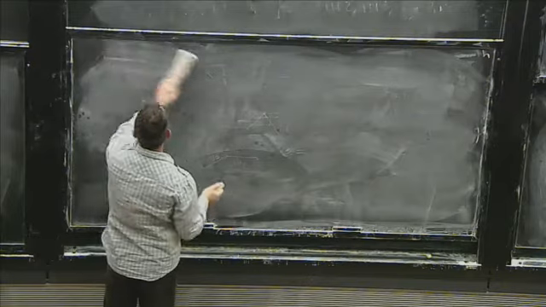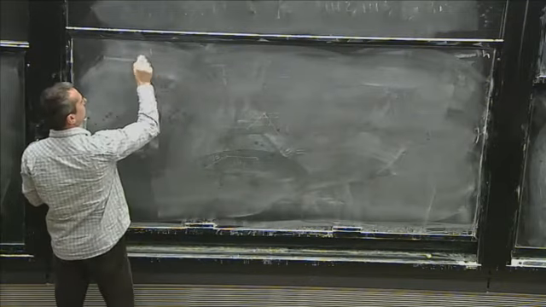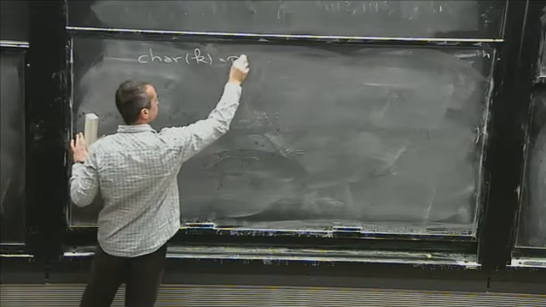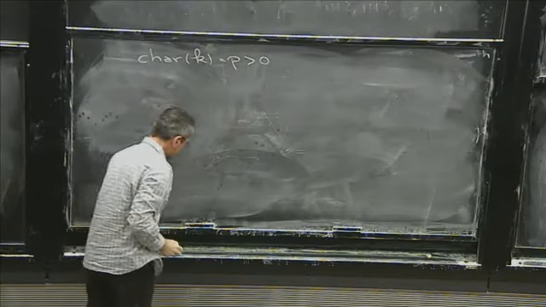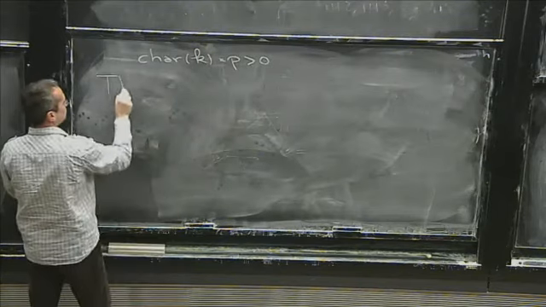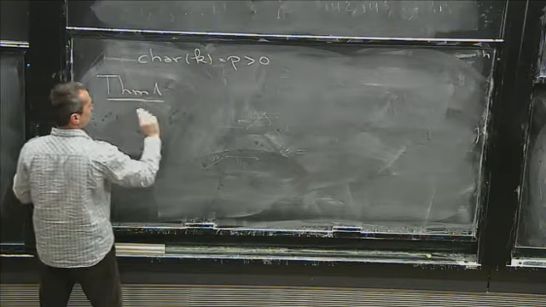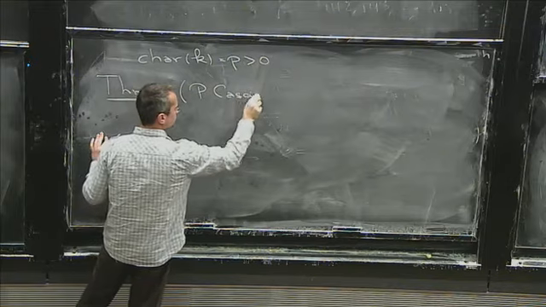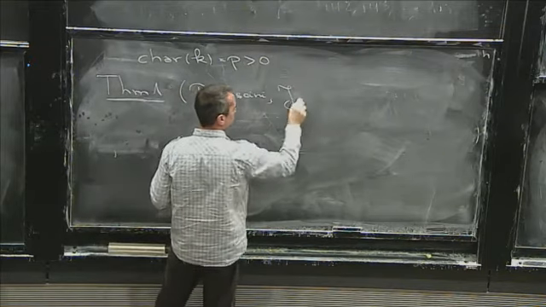From now on, I should say from the beginning, the characteristic of K will be positive. So the first theorem, which is joint with Paolo Cascini and James McKernan, says the following.